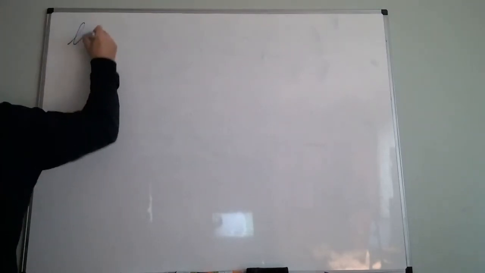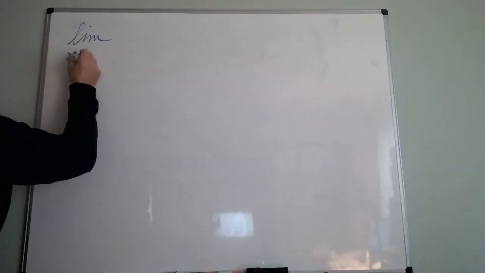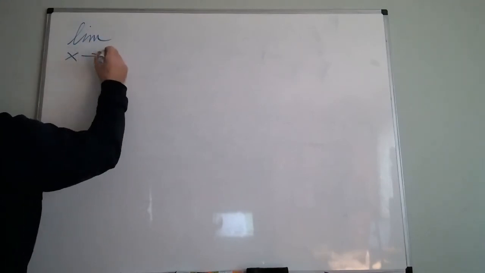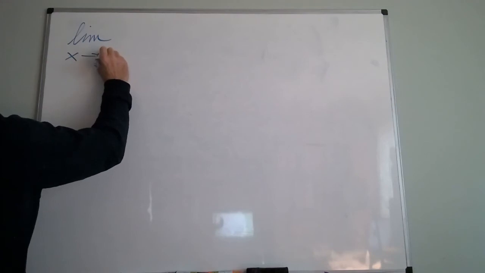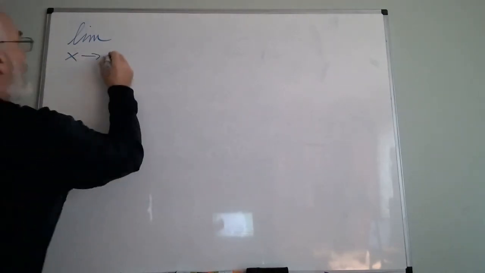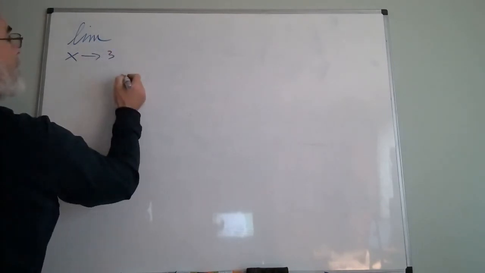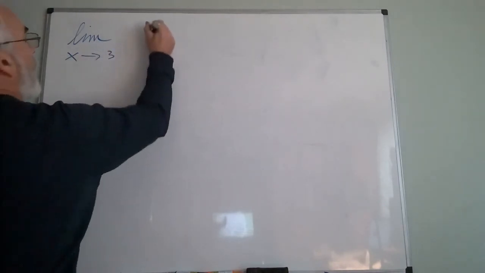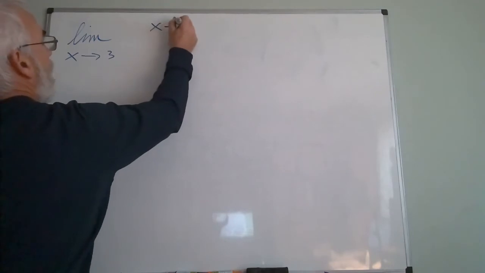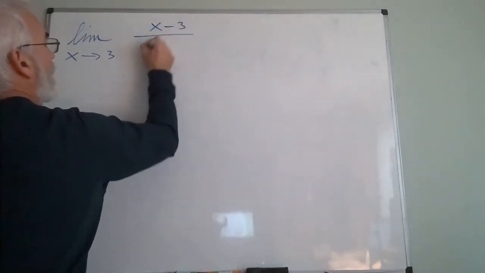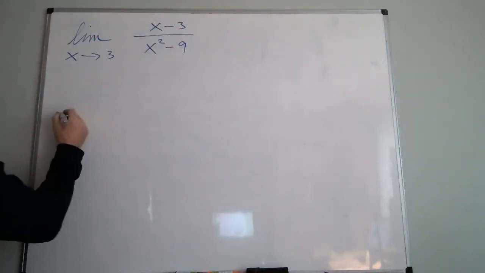So let's suppose I have the limit, and I'm going to keep this really simple. Let's find something that's not too terrible. The limit as x approaches 3 of x minus 3 over x squared minus 9.